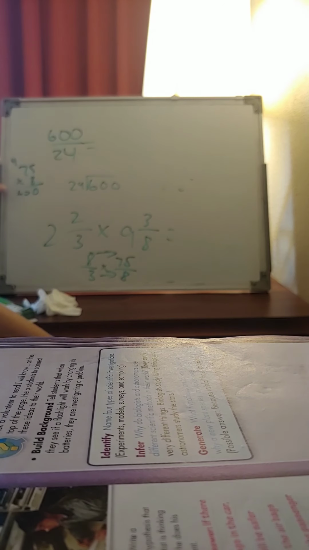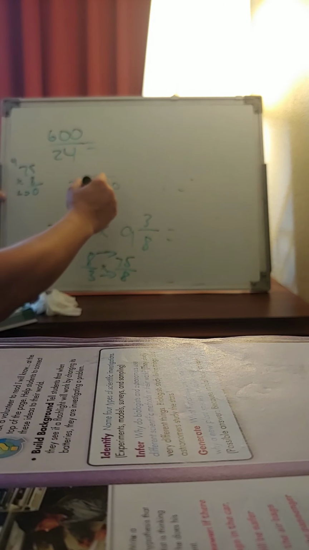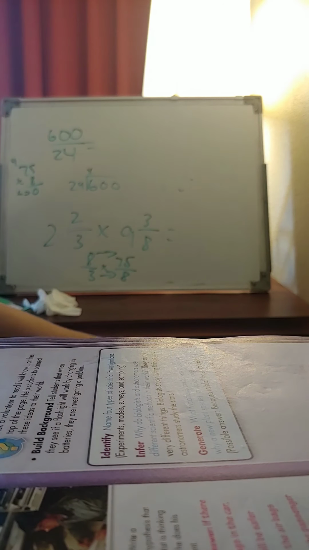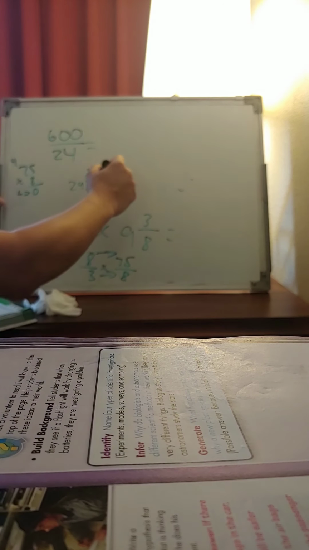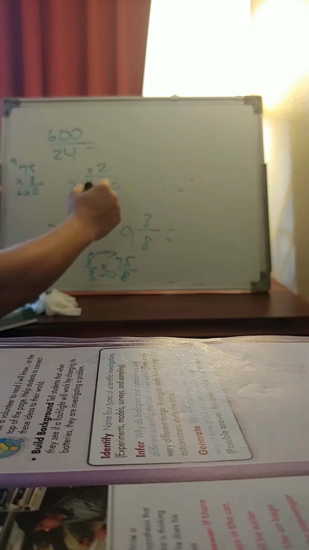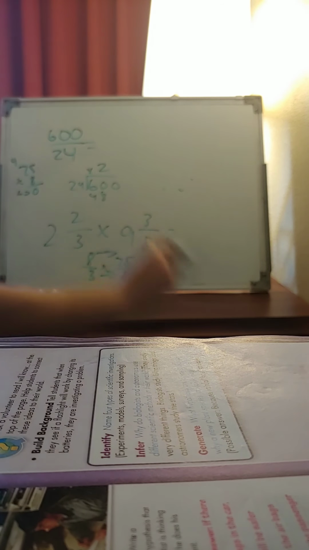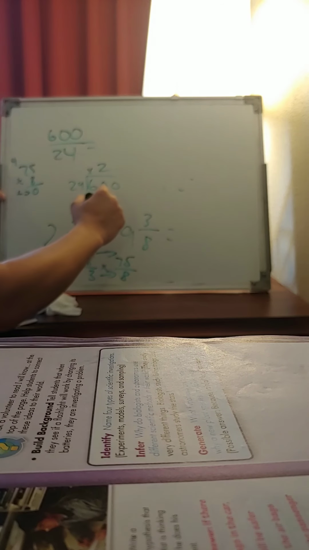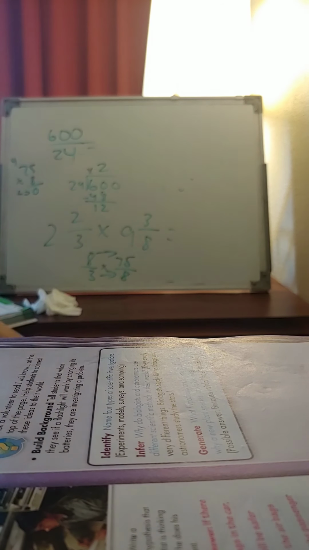600 divided by 24. 24 goes into 6? No. 24 goes into 60? Yes. How many times? Twice. Right? 24 times 2 is 48. Okay, so we end up with a remainder of 12 when we're subtracting. I skipped the whole borrowing and stuff.